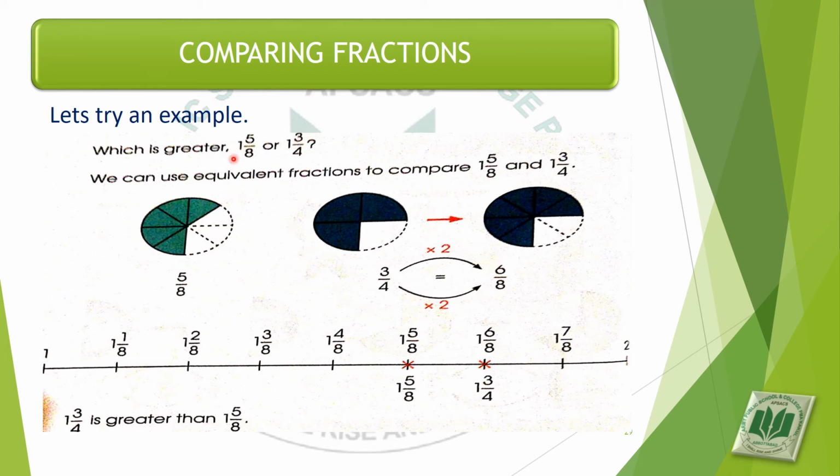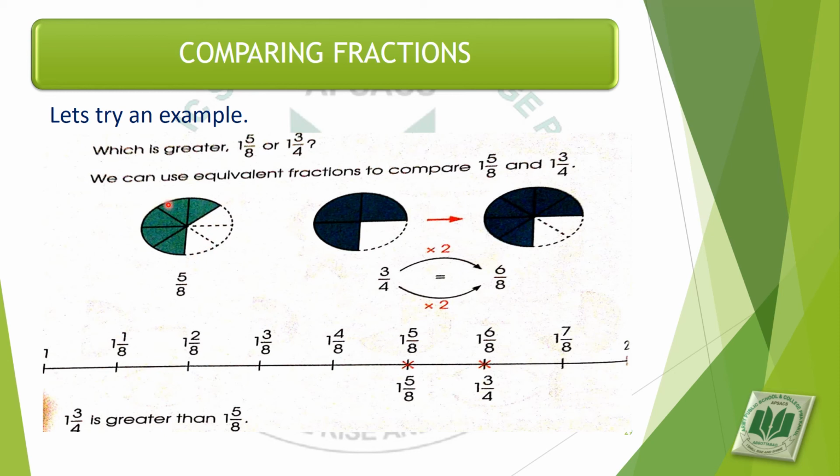So the whole parts are the same. We will use the numerators and denominators to find out which is greater. So we will use equivalent fractions to compare 5 by 8 and 3 by 4.